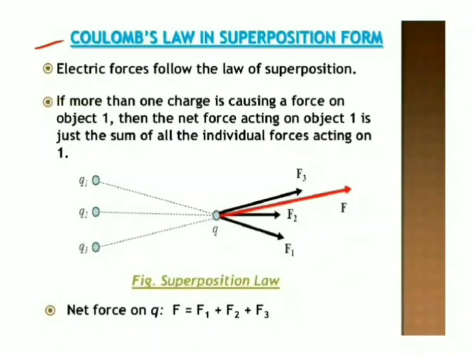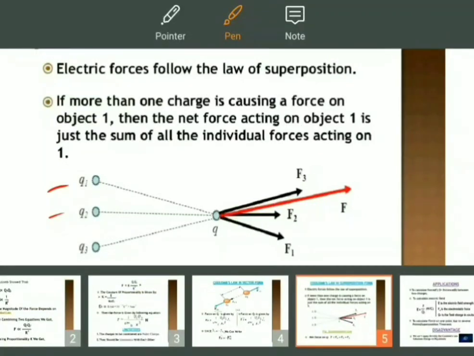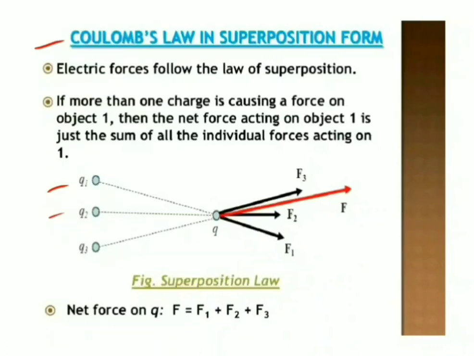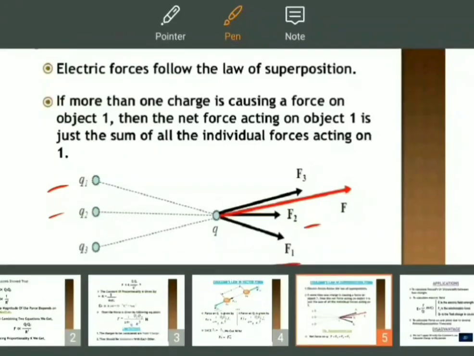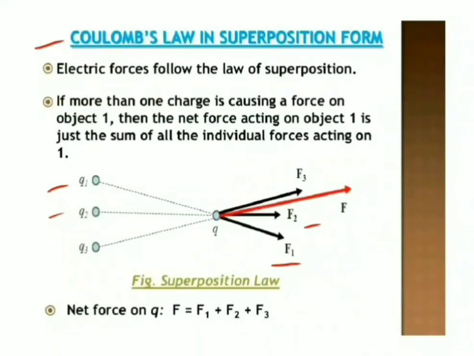As you can see in this diagram, we have three charges, Q1, Q2 and Q3. This F1 force is due to the Q1 charge, this F2 force is due to the Q2 charge, and this F3 force is due to the Q3 charge.